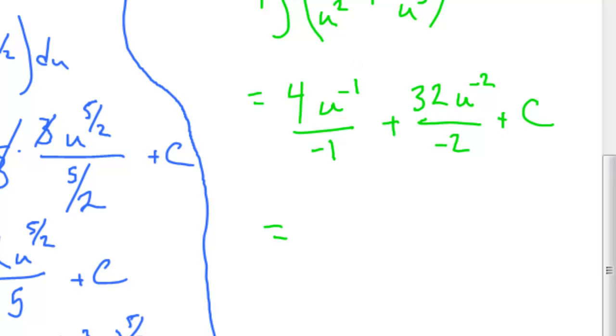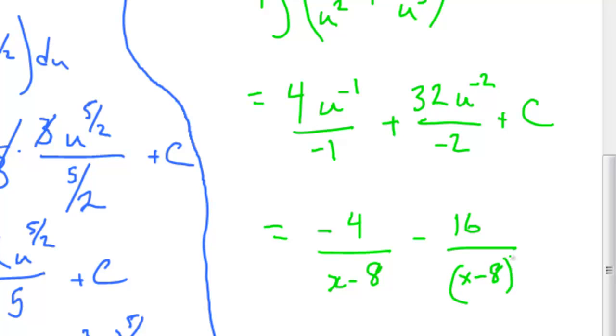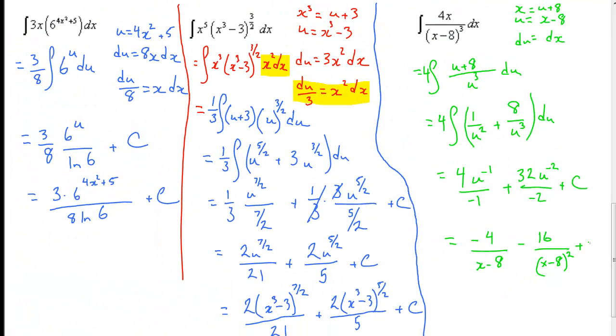Now we'll simplify and replace u with x minus 8, and that leaves us negative 4 over x minus 8 minus 16, 32 divided by 2, and the minus comes out front, over x minus 8 to the power of 2, plus a constant.